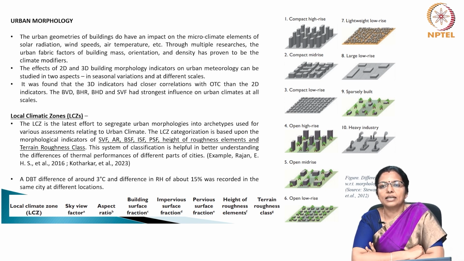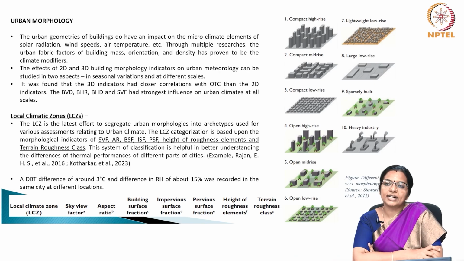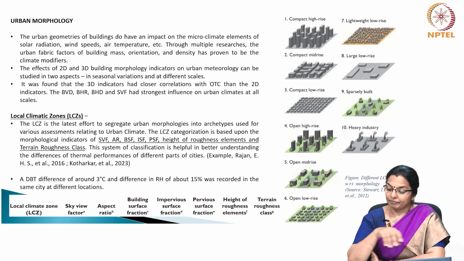This classification helps in better understanding the differences in thermal performance of different parts of the city. A dry bulb temperature difference of about 3 degrees centigrade and a difference in relative humidity of about 15% was recorded in the same city at different locations.